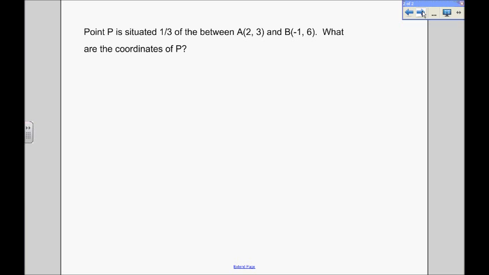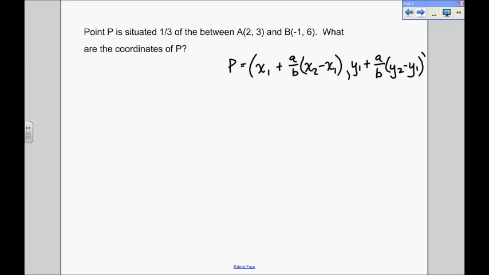I need to use this formula where point P is equal to x1 plus the fraction times the difference of the x's, and then the y-coordinate is just the same thing, but with y, so it's y1 plus a over b times y2 minus y1. And this is the coordinates for point P.